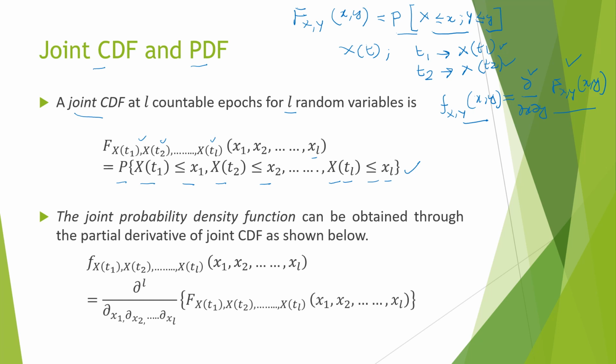The same principle can be adopted in the case of a random process also. So the joint probability density function is given as the partial differentiation of the joint cumulative distribution function. As we have L random variables, L times we have to differentiate the cumulative distribution function partially, then you get the joint probability density function.